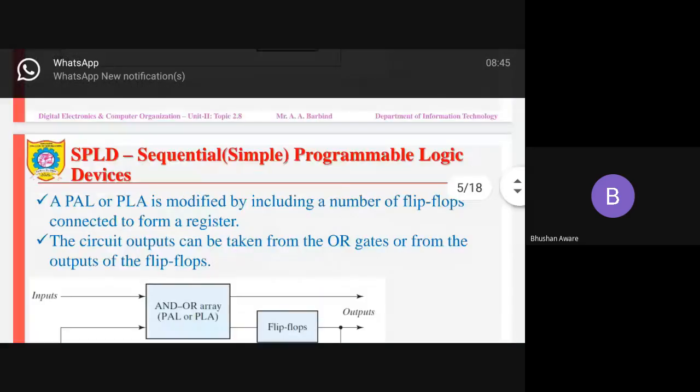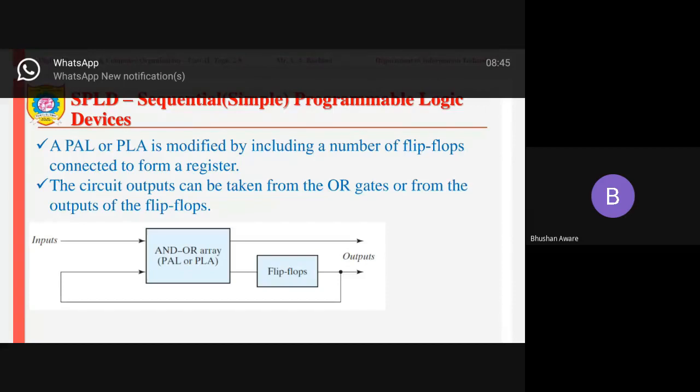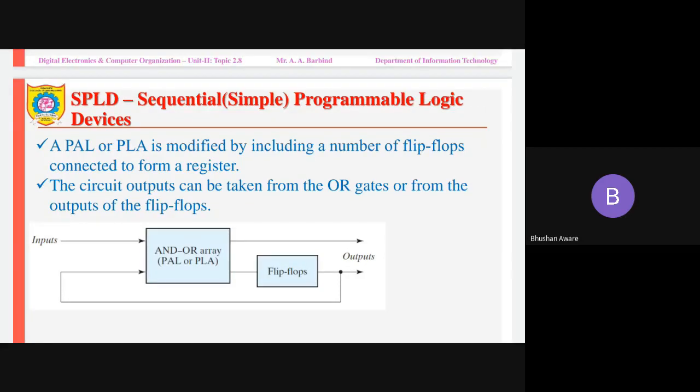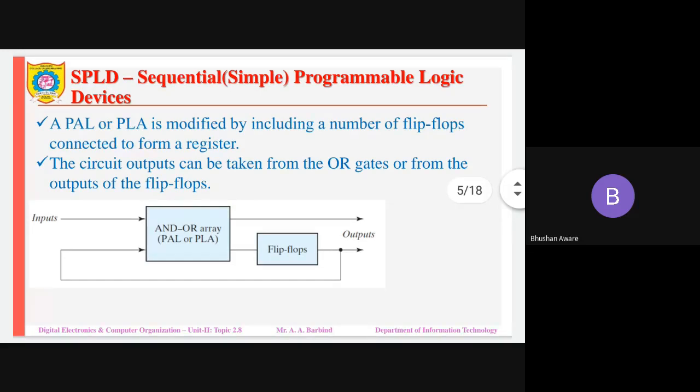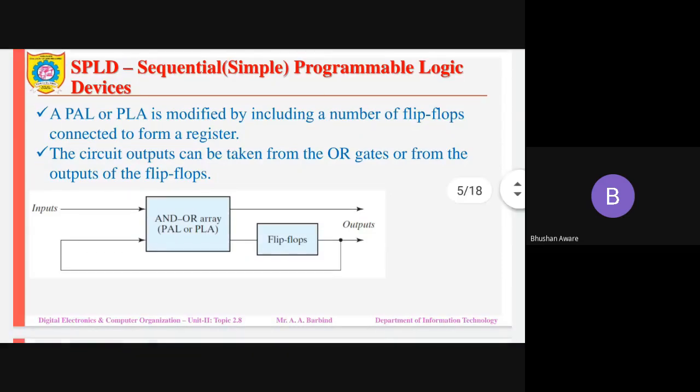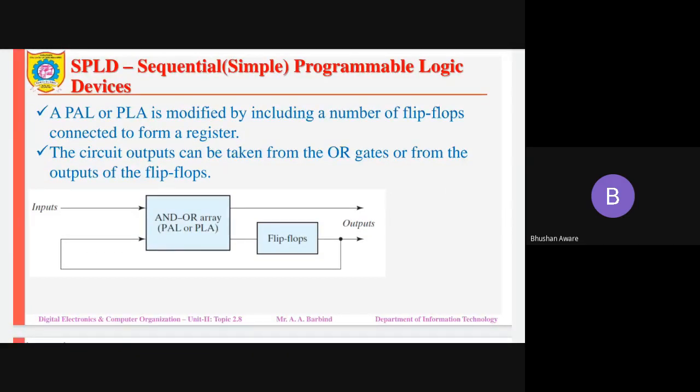Then the PAL or PLA is modified by including a number of flip-flops connected to form a register. The circuit output can be taken from OR gates or from the output of the flip-flop. So PAL or PLA is something which is programmable, that means configurable, so this is a point you should note.